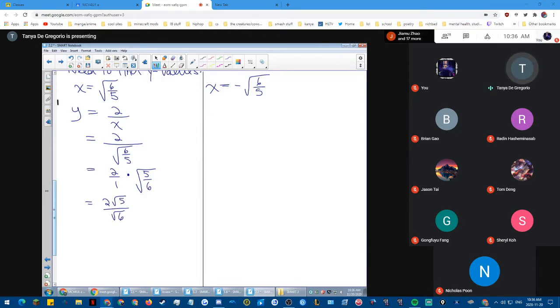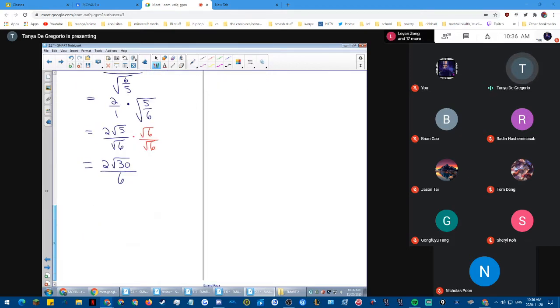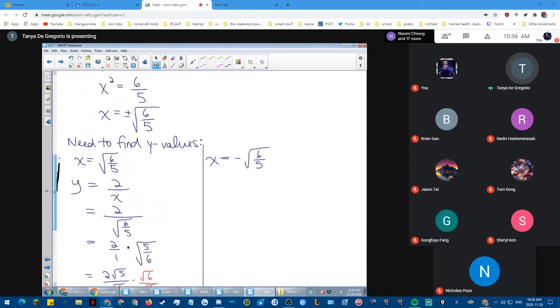We're going to rationalize because I'm giving a coordinate. And now I have, can I leave it like this? No, you have to simplify. And so this becomes 230. So that means my point is, again, I'm going to also rationalize this.